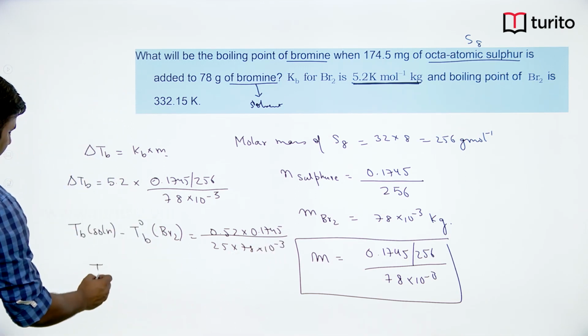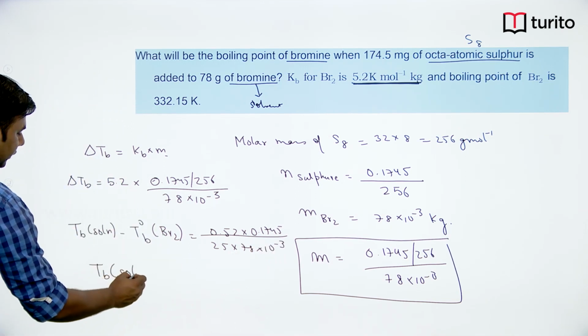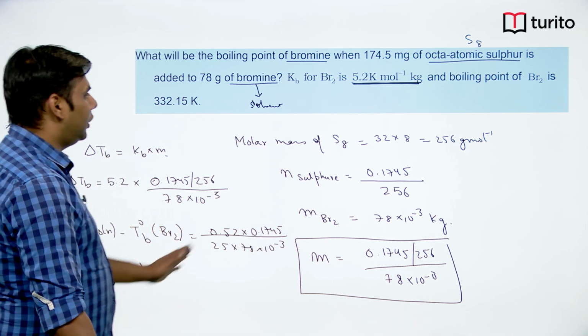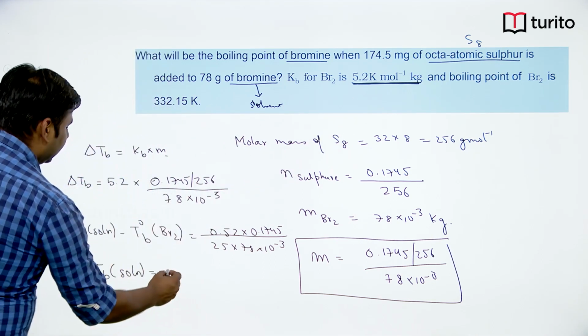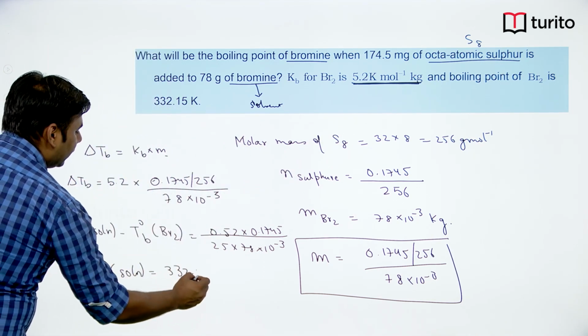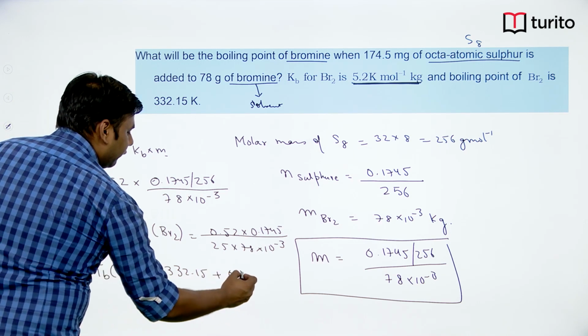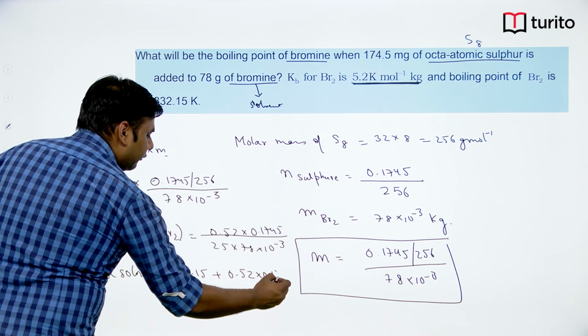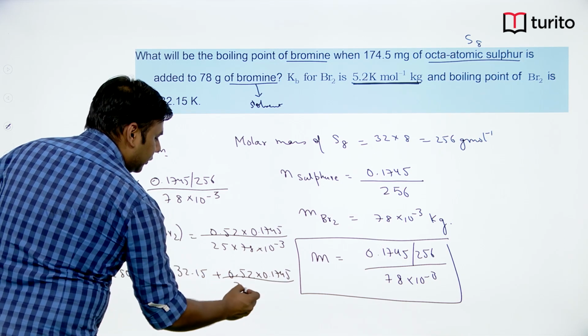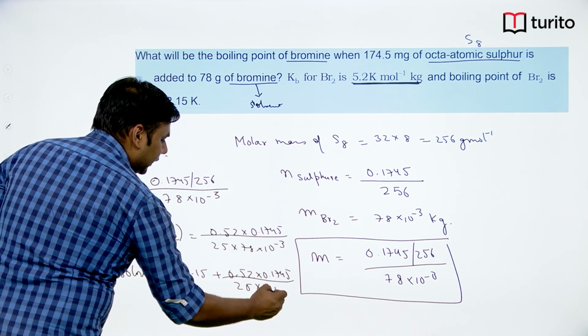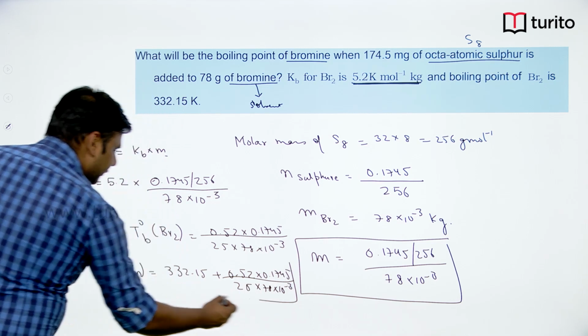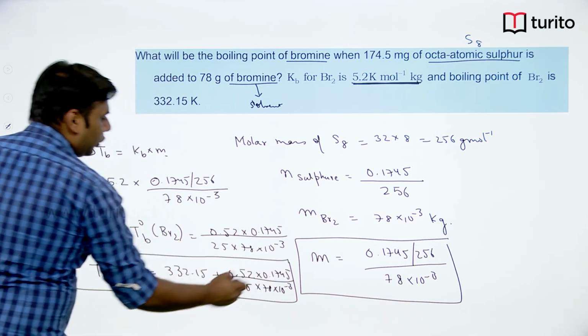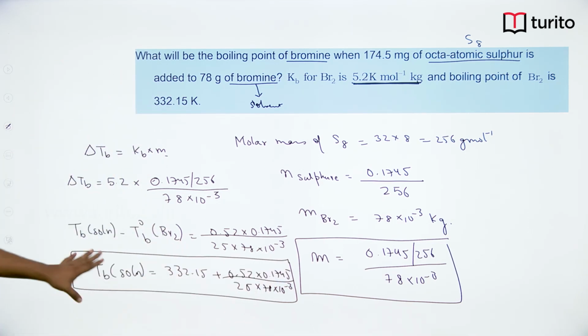So the boiling point of pure bromine was 332.15, plus 0.52 into 0.1745 divided by 256 into 78 into 10 raised to minus 3. This would be the boiling point of the solution of bromine when 174.5 milligram of octaatomic sulfur is added to it.